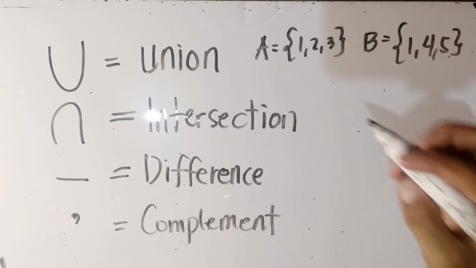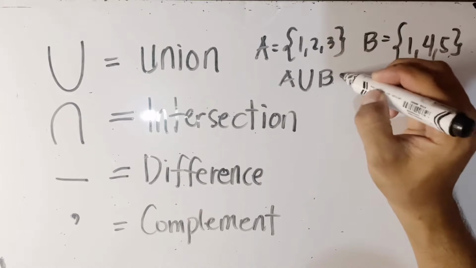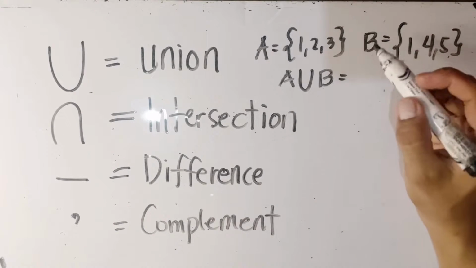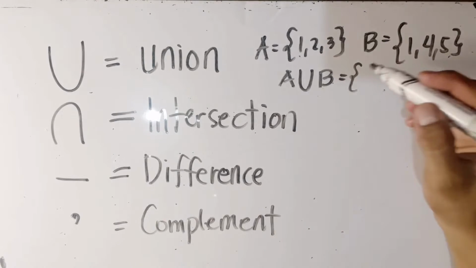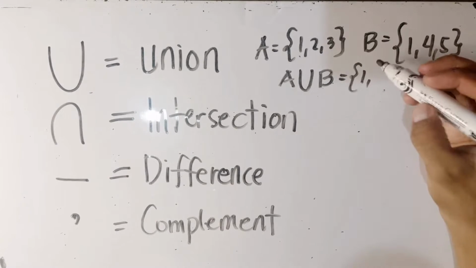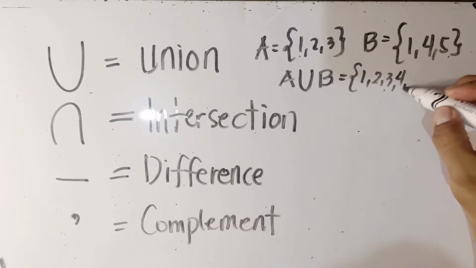If we get the union of A and B, it means all elements of A and B will be put together. Because 1 is repeating, we will only write 1 once. Next, write 2, 3, then 4, and then 5.